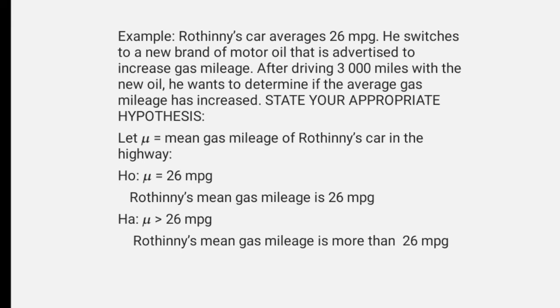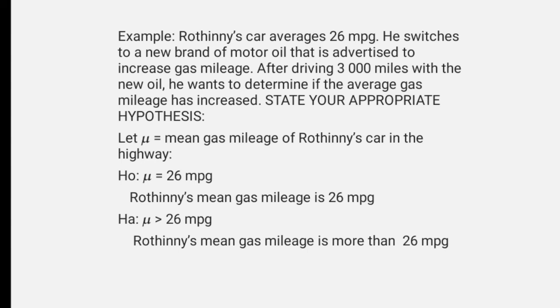So that will be our mean or our parameter, and for our null hypothesis, we will always believe that the manufacturer's claim is true. Therefore, mu is equal to 26 miles per gallon. So this is how you write it out in symbol.